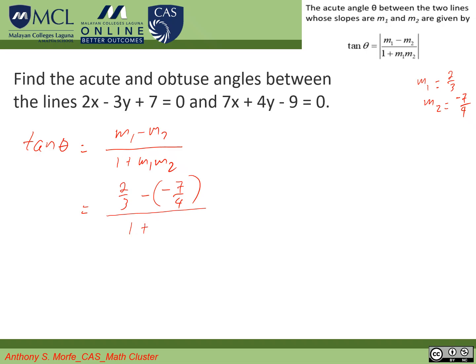m1 times m2, m1 is 2/3, and times m2 is minus 7/4.